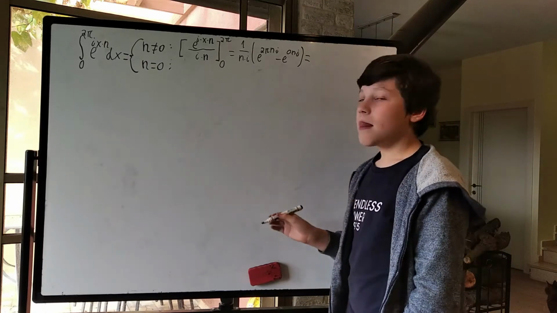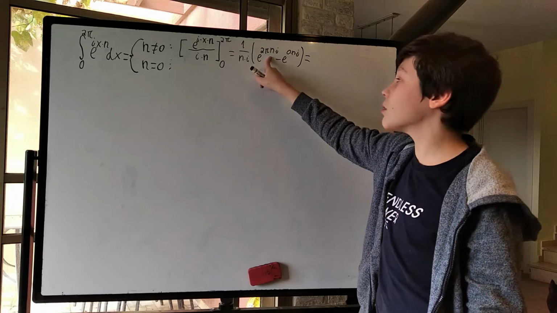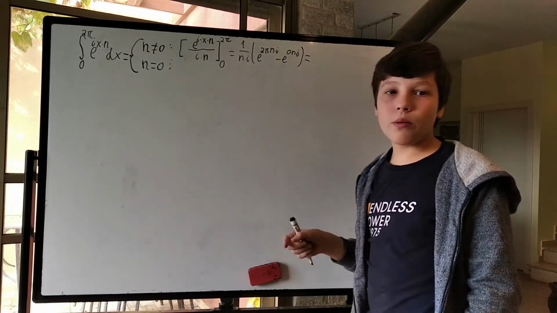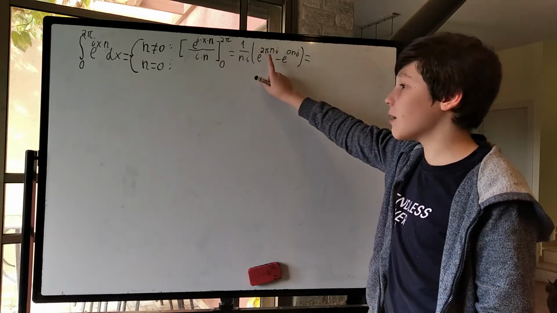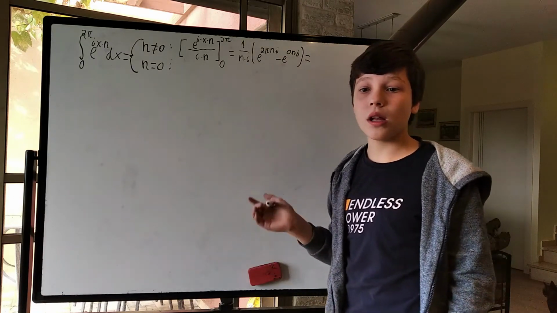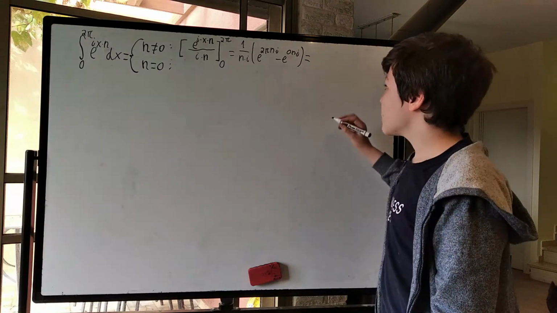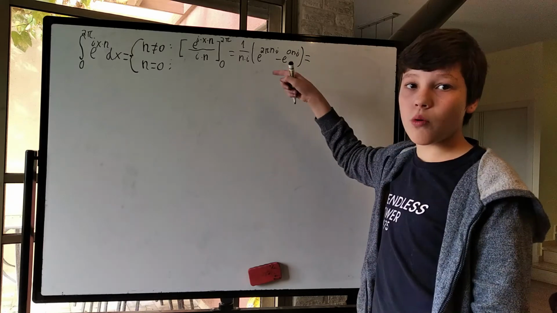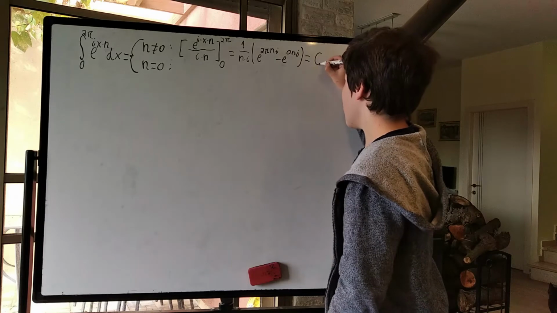Now, n is an integer, and when we have e to the 2 pi i times some integer, it's always going to be 1. You can easily see that if you use Euler's formula, which we derived in one of my first videos. Meaning that this is 1, and this is e to the 0, which is 1. 1 minus 1 is 0. All in all, this is going to be 0.